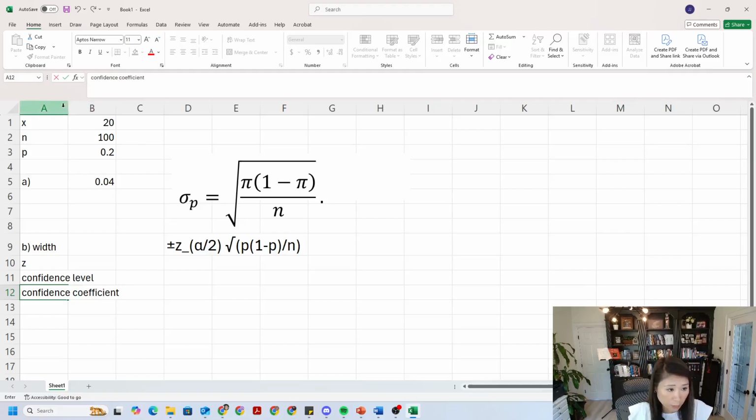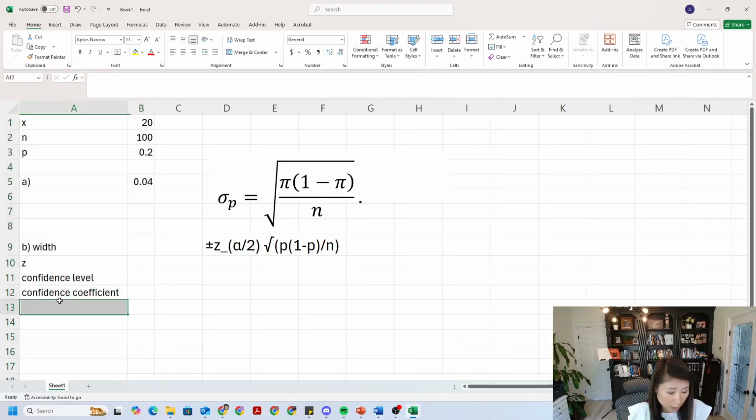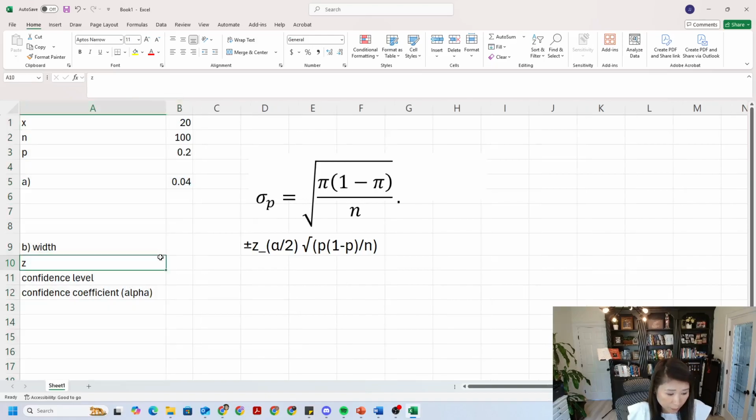The confidence coefficient is what we call alpha, right? We need to know this too.